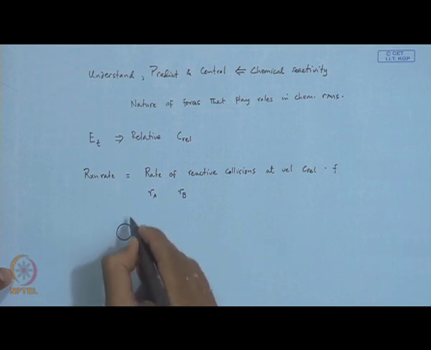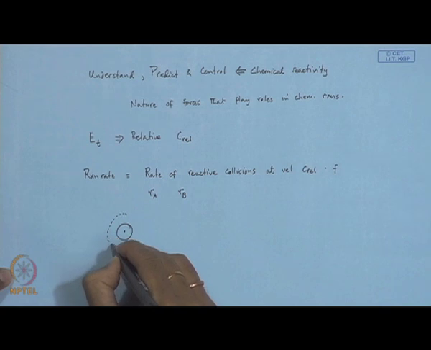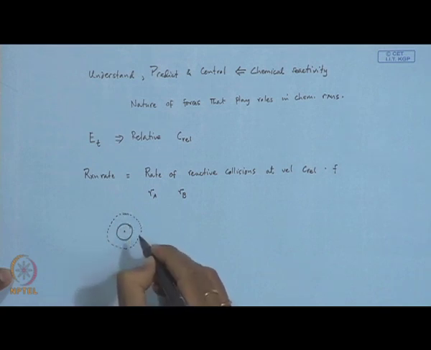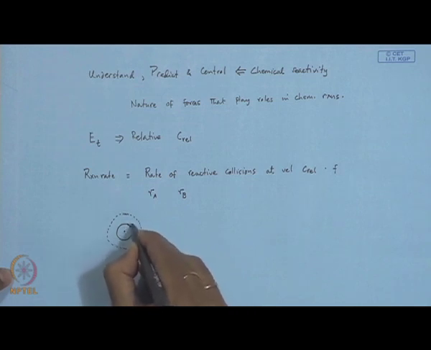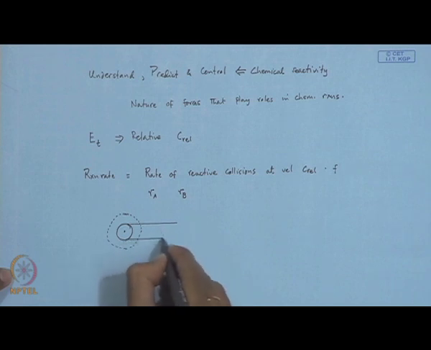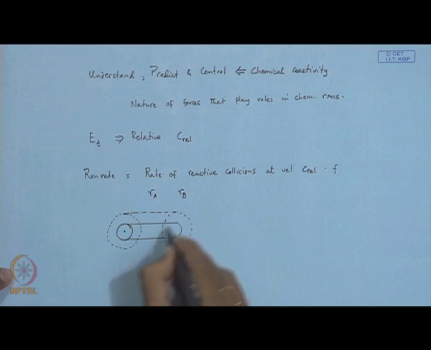So basically you draw a cross section. Okay. And you draw a cylinder like this also. Okay.